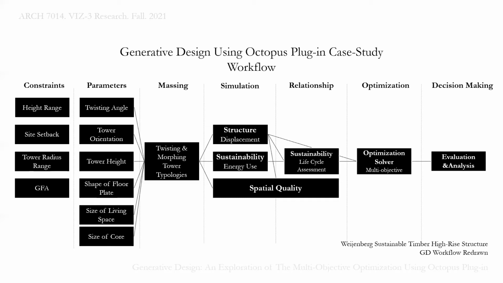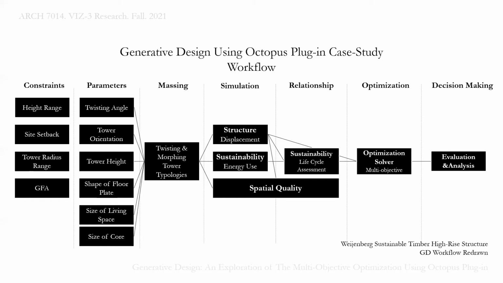So here is the workflow for this case study. They started with the constraints. They had a tower in an urban environment. Their constraints were the height range, the site setbacks, the tower radius range, and the ground floor area.